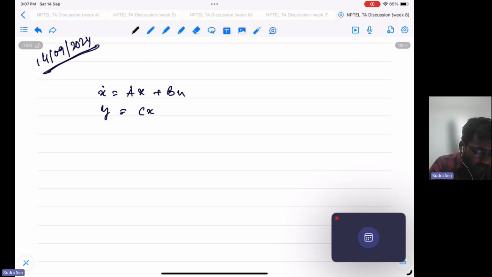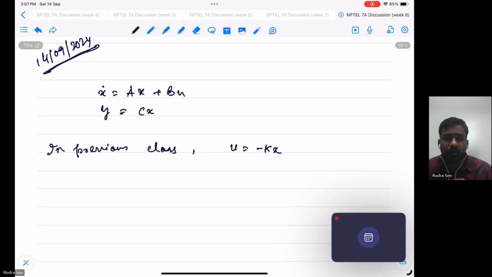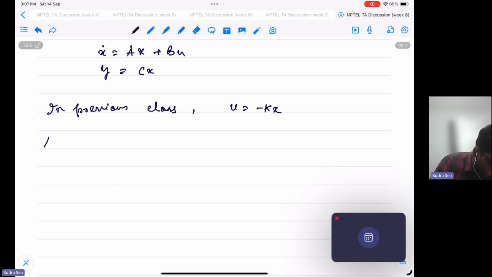So this is my system. In the previous class, we designed a controller where u is equal to minus kx, right?